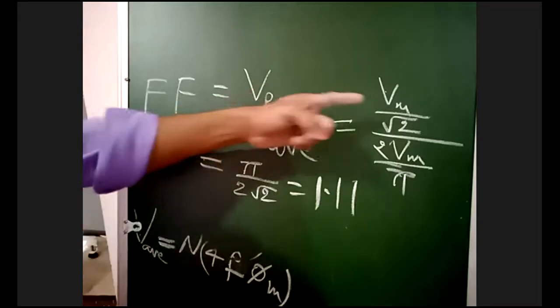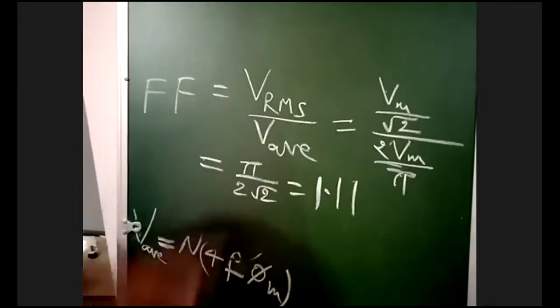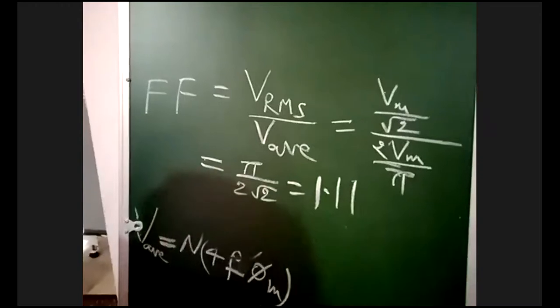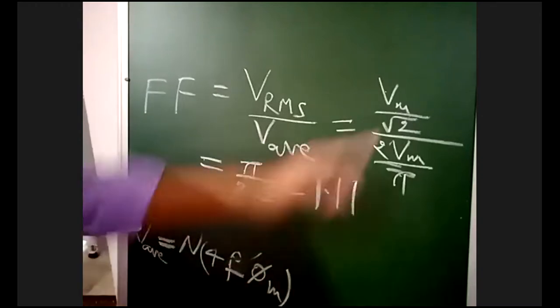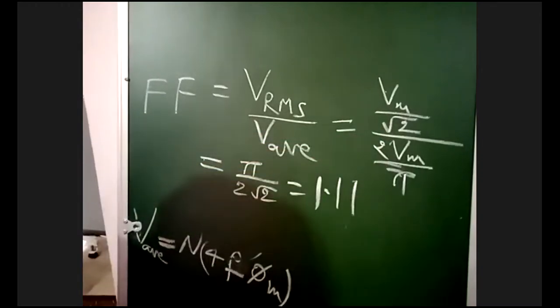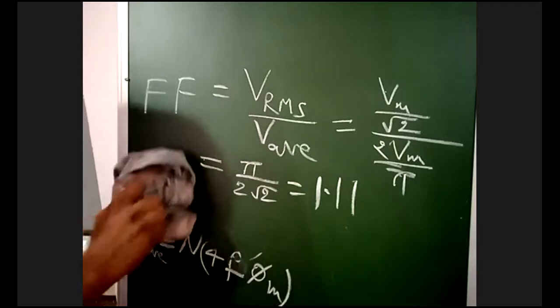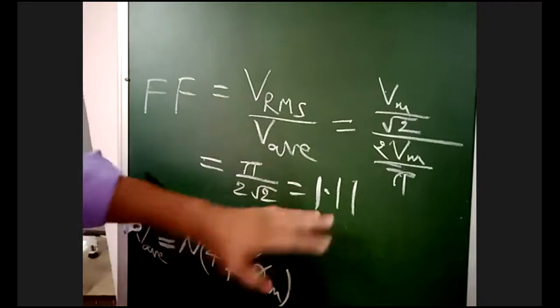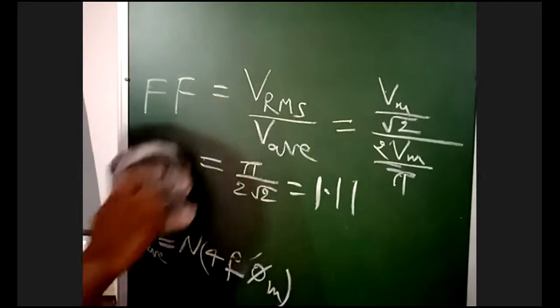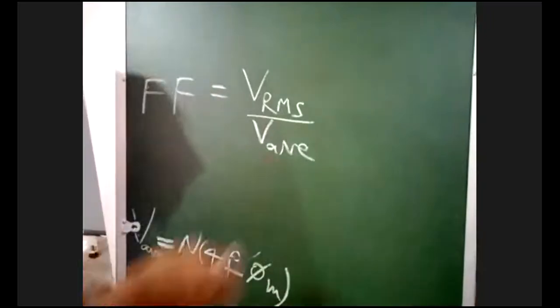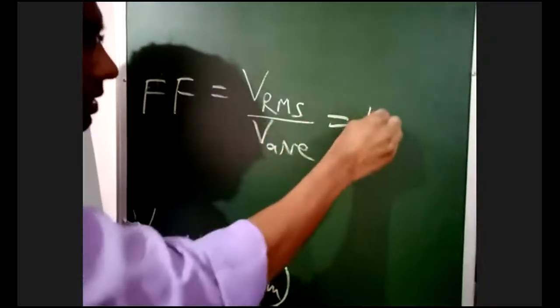RMS value of full wave rectifier is Vm by root 2. Average value of full wave rectifier is 2 Vm by pi. If you simplify this, we'll get 1.11. If you are not remembering, this is the form factor value, 1.11. So form factor is 1.11.